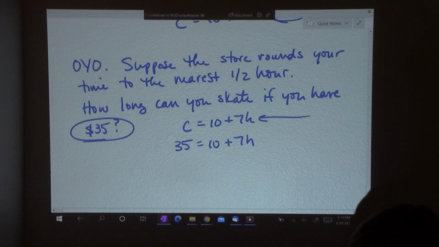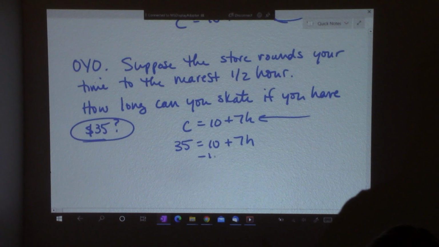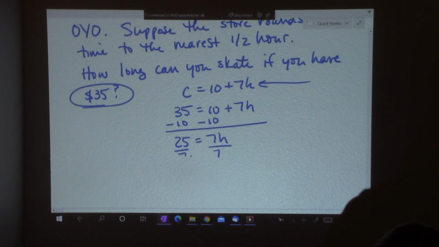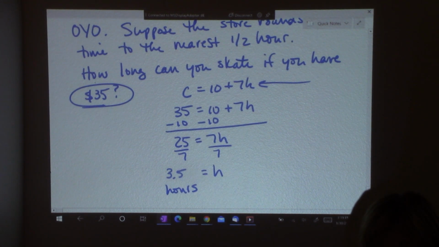And now I'm going to solve for H. So I want to get H by itself. So I'm going to subtract 10 from both sides. And I get 25 equals 7H. And if I divide that, that works out to be about 3.5 hours. So that means that I can skate for 3.5 hours or less for $35.